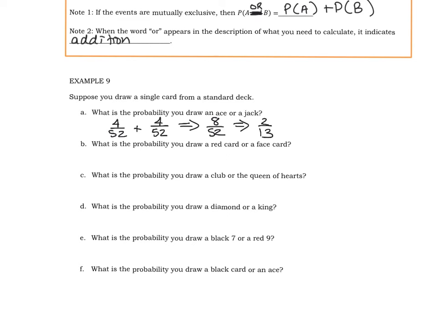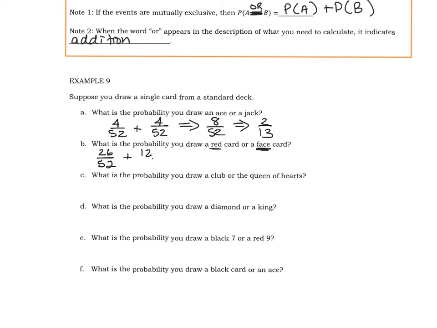All right, B, what's the probability you draw a red card or a face card? All right, or means add, and we're going to have to ask ourselves, are there any cards that are both red and face cards? Yes, so this is not mutually exclusive. So let's go ahead and add the probability of drawing a red card, plus the probability of drawing a face card.